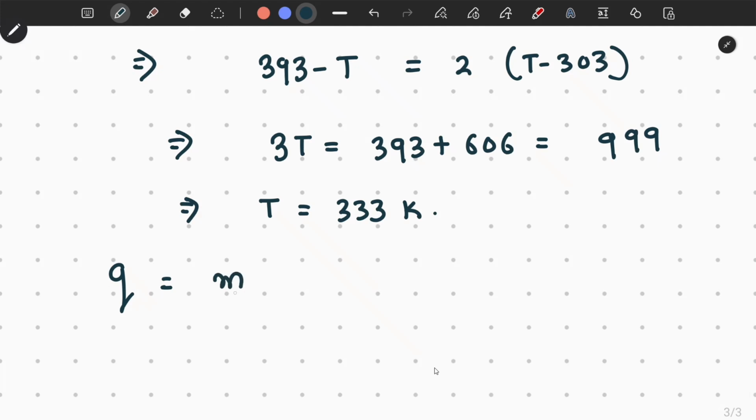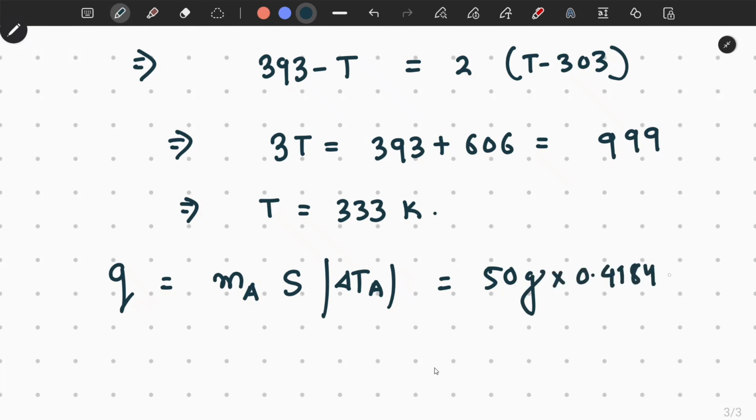Q equals, let's say, MA S and delta TA. So MA is 50 gram. Now S is required, which is given as 0.4184, with the unit of joule per gram per Kelvin, and delta TA is 393 minus 333 Kelvin.